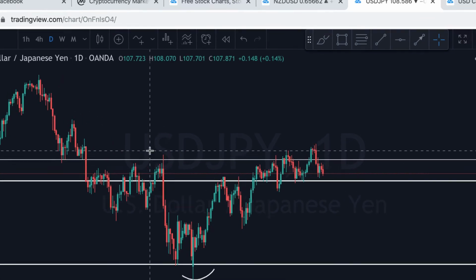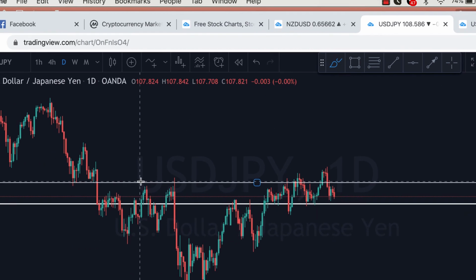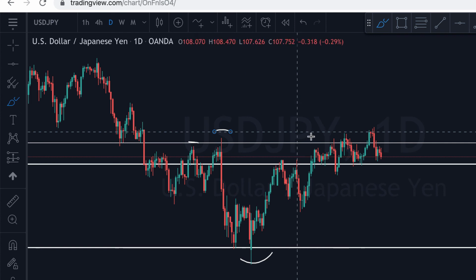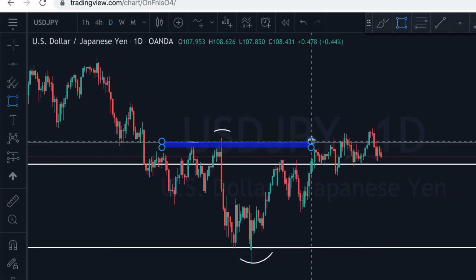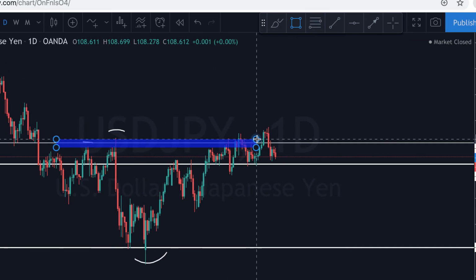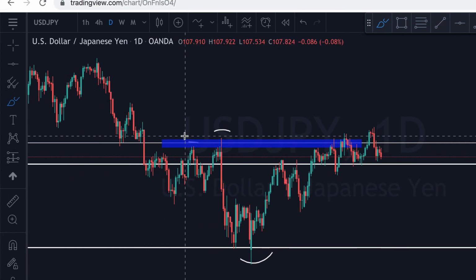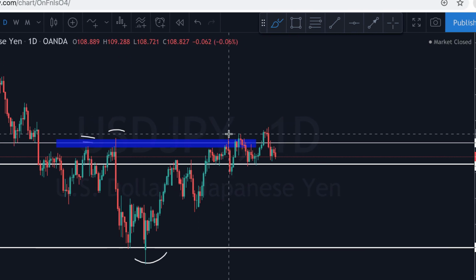Now this was once, in fact once, twice. Although the line is not touching, remember it's a price area, not a specific level. So we have that and that and that.